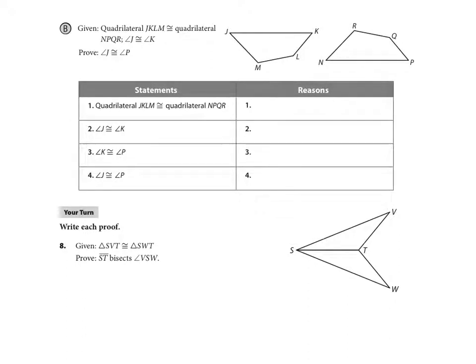So on page 143 at the top, they gave us two quadrilaterals. Okay, and they told us that they're congruent, which is what we have here in the first statement. Okay, that's given. The second statement is also given. They gave us that.